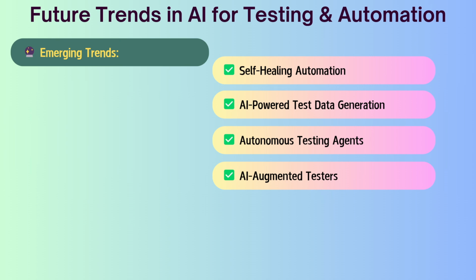Emerging trends: self-healing automation, where AI automatically fixes broken test scripts; AI-powered test data generation, where AI creates test data based on real user behavior; autonomous testing agents, where AI bots execute and analyze tests without human intervention; and AI-augmented testers. Future testers will work side by side with AI assistants to improve efficiency.